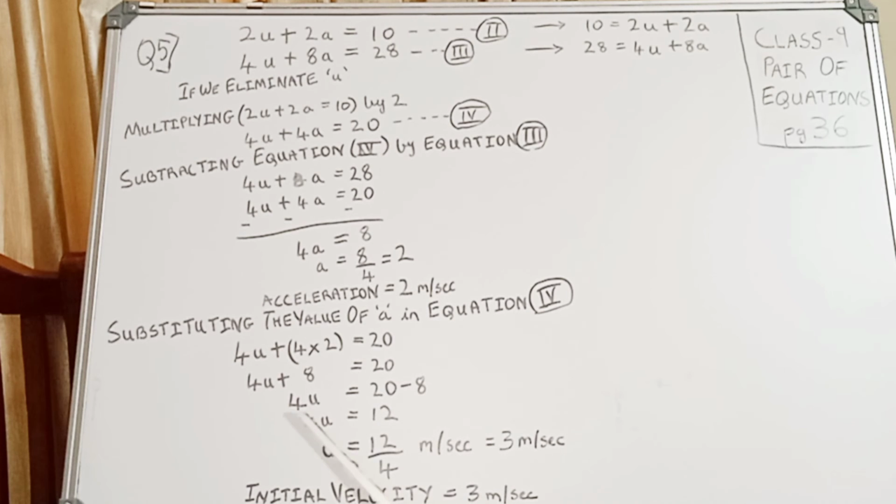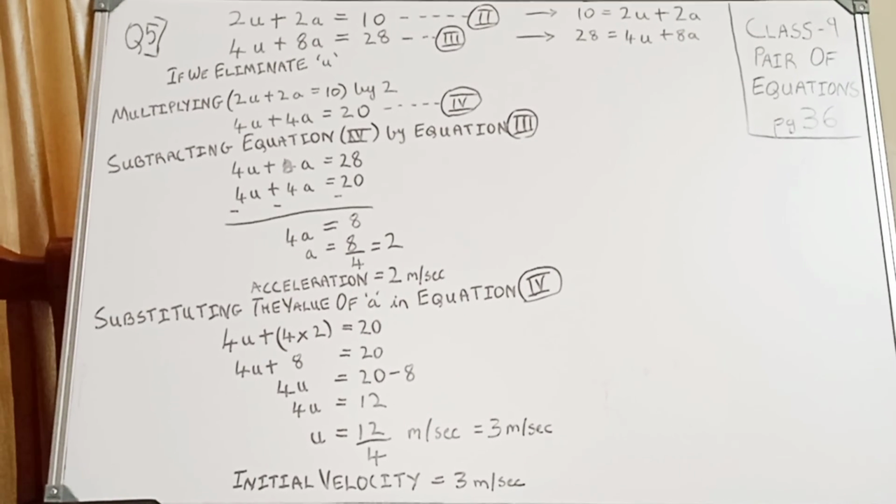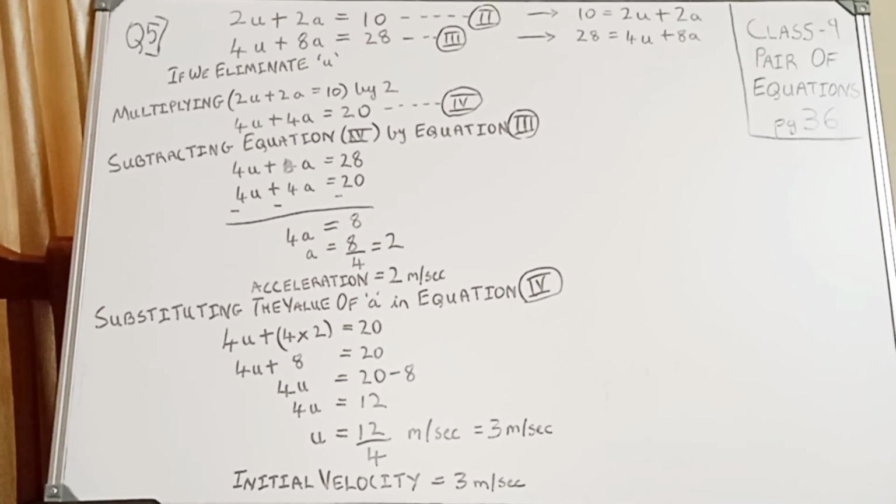So 4u is equal to 20 minus 8, which gives 12. The multiplication, when it goes to the opposite side, becomes 12 divided by 4, and we get the answer 3. So in this way we have found the initial velocity as 3 meter per second.